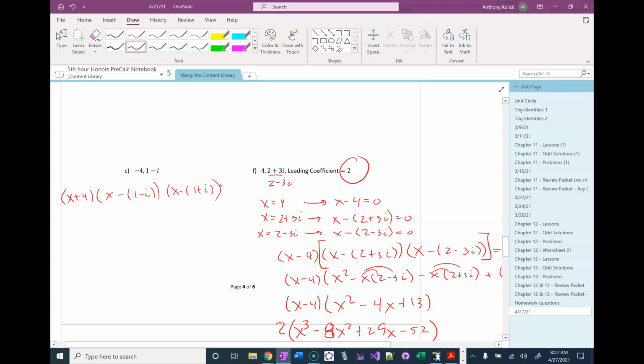So that's what I'm going to be multiplying out, right? Everybody's okay with how I got to there? I skipped over some steps to write that, but it's the exact same work as I did for the previous problem, just with different numbers. So the easiest way to do this is to multiply these conjugate pair parts together first. So if I multiply through, I have x times x, which is just x squared.